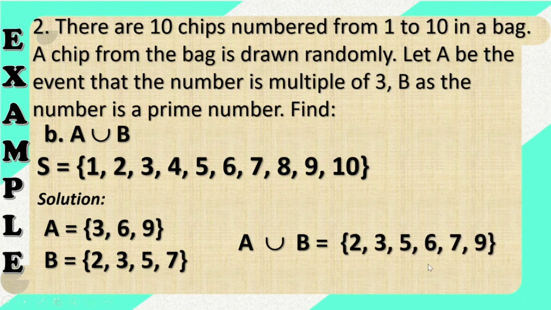So, we have 2, 3, 5, 6, 7, and 9. Therefore, A union B, the elements are 2, 3, 5, 6, 7, and 9.